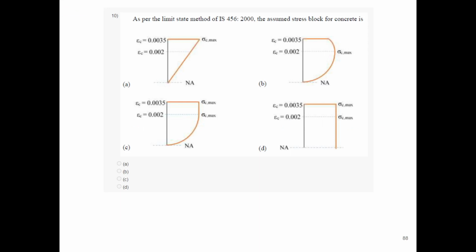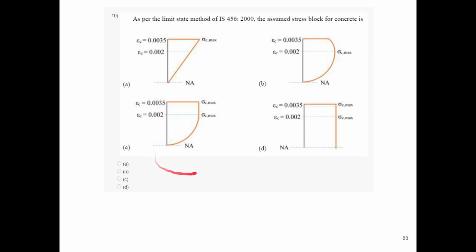As per the limit state method of IS 456-2000, the assumed stress block for concrete is which one? A this one, B this one, C this one, or D this one. This will be almost correct for the working stress method. But for limit state method, it is initially a parabola up to a strain of 0.002, and after that the stress is constant up to a strain of 0.0035.